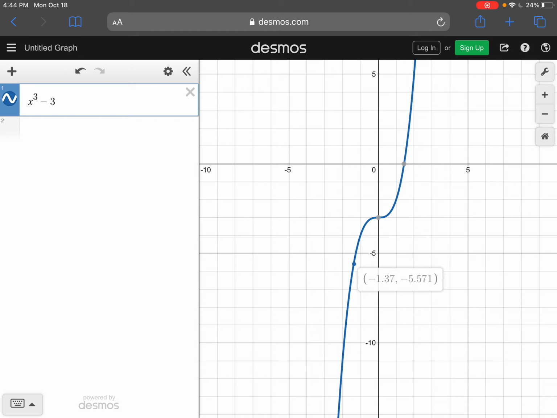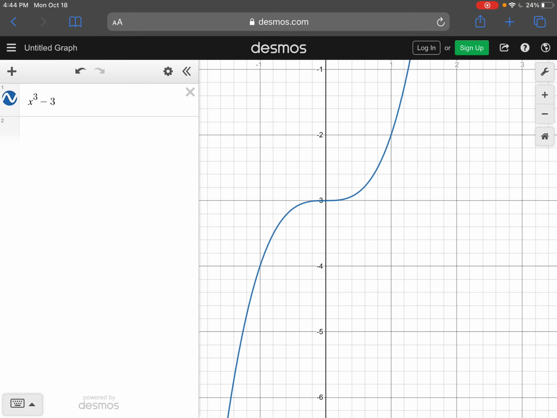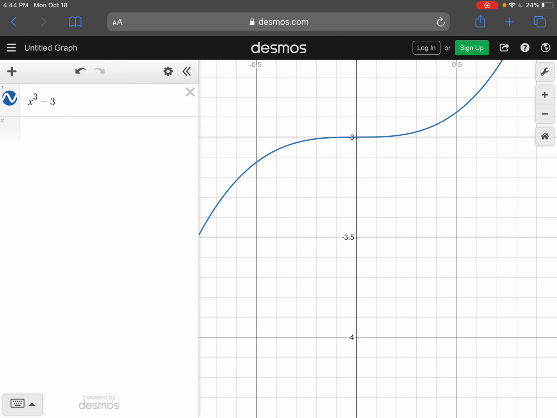So if I look at my x values, I'm looking to see if my x values ever go back down. So it might help if I zoom in a little bit more. So here we're looking at our x values and they are increasing. They're still increasing. I haven't gone back down yet.